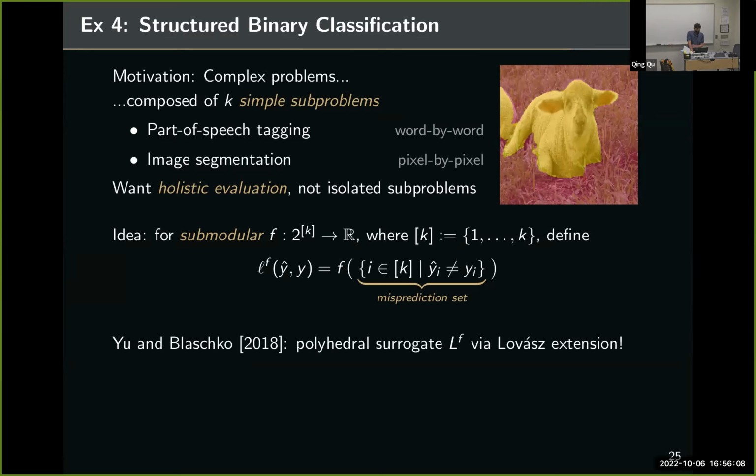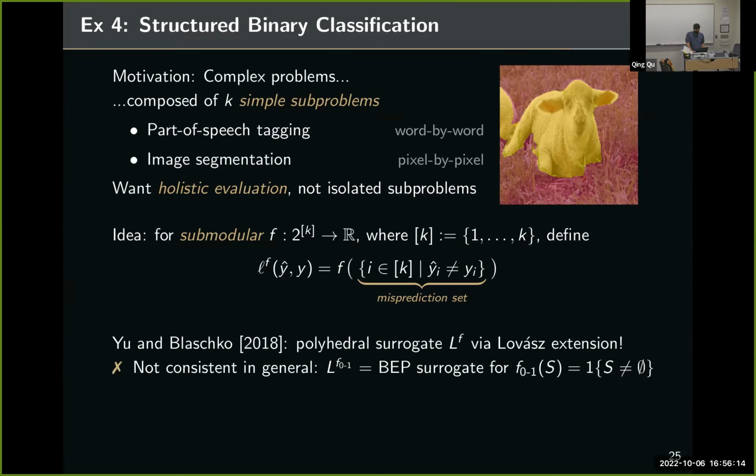And there's this interesting surrogate based on the Lovász extension that's polyhedral that was proposed for this problem. But unfortunately, it's not consistent. And it turns out the BEP surrogate that we already saw is a special case of this surrogate, which is one way that you can see it's not consistent.